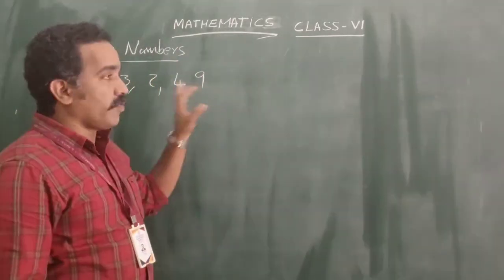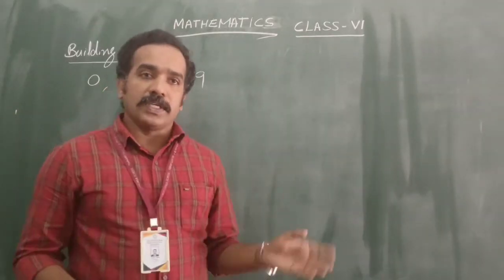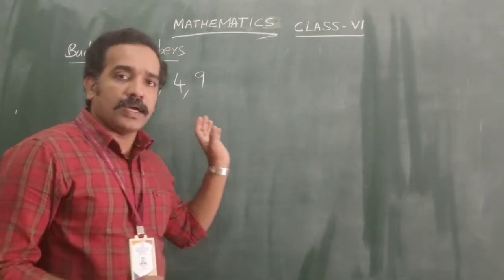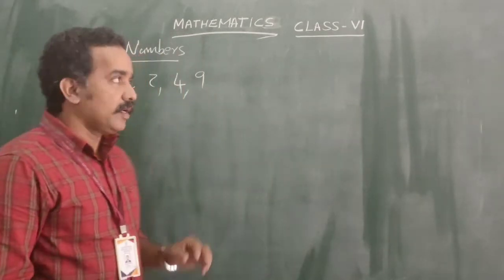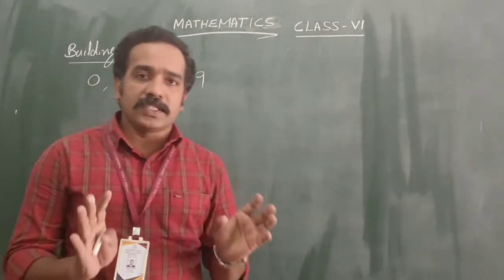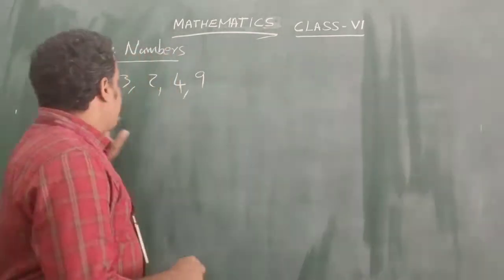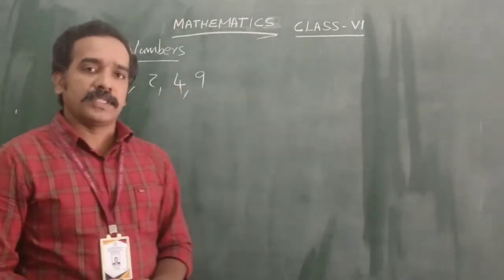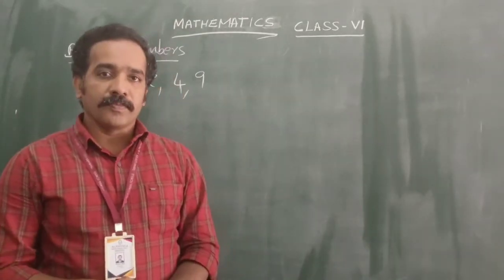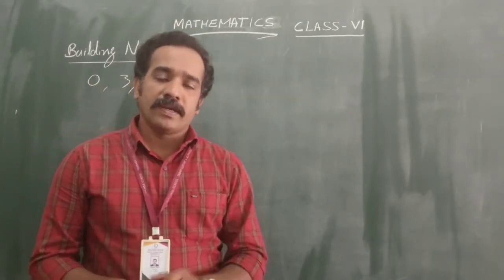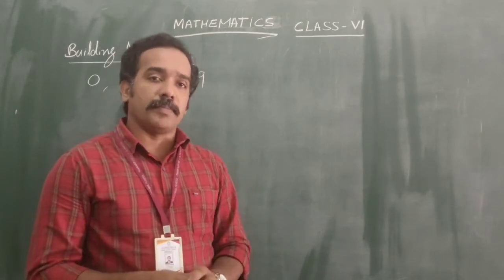Using only these 5 digits we can make many numbers if the digits are allowed to repeat. But suppose the digits are not allowed to repeat, and we make use of all the 5 digits to make numbers. How many such numbers can we make?